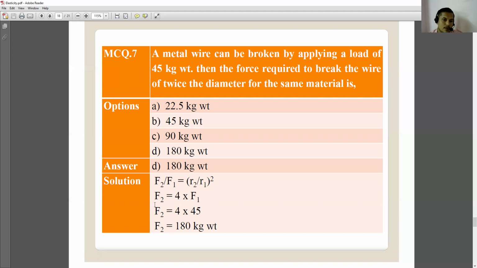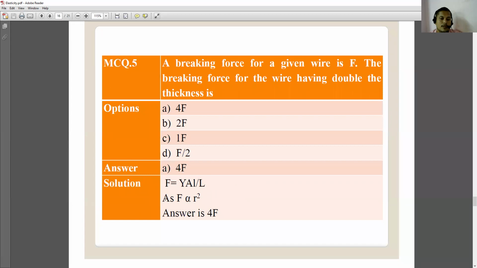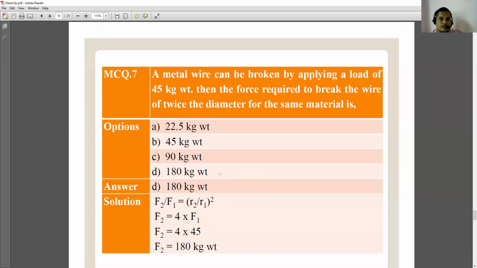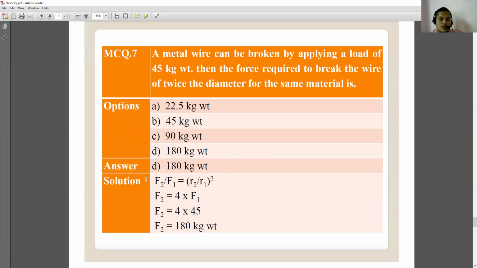So for that, once again we are comparing the ratio of F2 divided by F1, which is equal to R2 by R1 its square. Where did we get this equation from? We compared it as F is proportional to R square. Where does R come from? In A we have pi R square area. So here F2 upon F1 is nothing but R2 upon R1 its square.